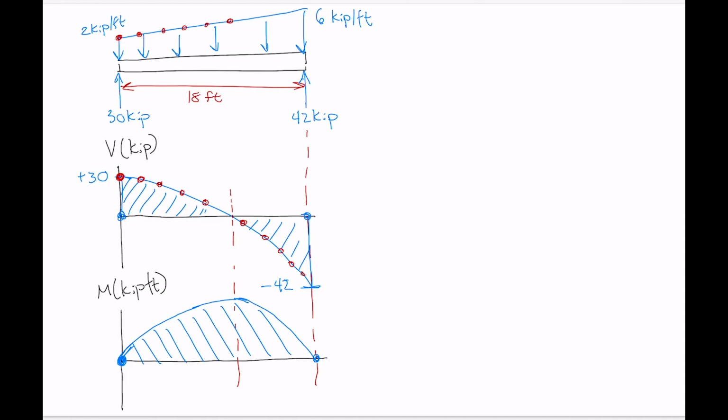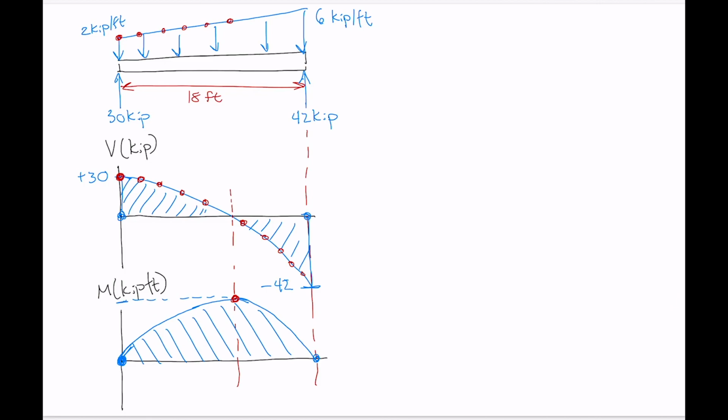So the graphical method has given us the shape of the moment diagram very, very quickly. But we still need to find out what the value here is for our maximum moment, right?